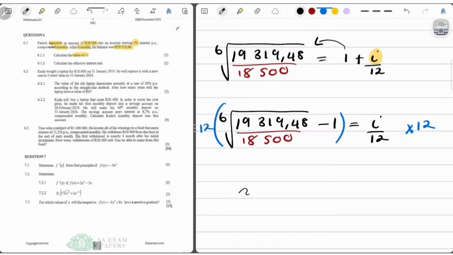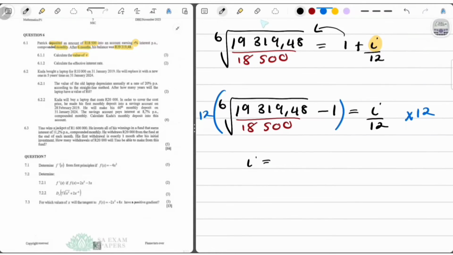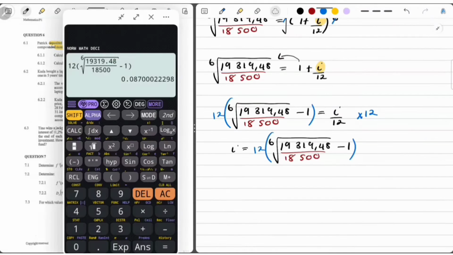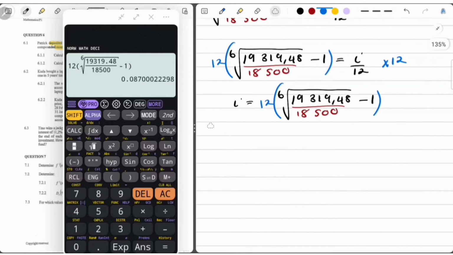Okay, so our interest is equal to all of this, 12 multiplied by the 6th root of that 19,000 and all of that. Okay, and when you substitute that onto the calculator, the interest I get is I is equal to 0.087000, and this just keeps going. But then remember, you need to answer them as a rate.